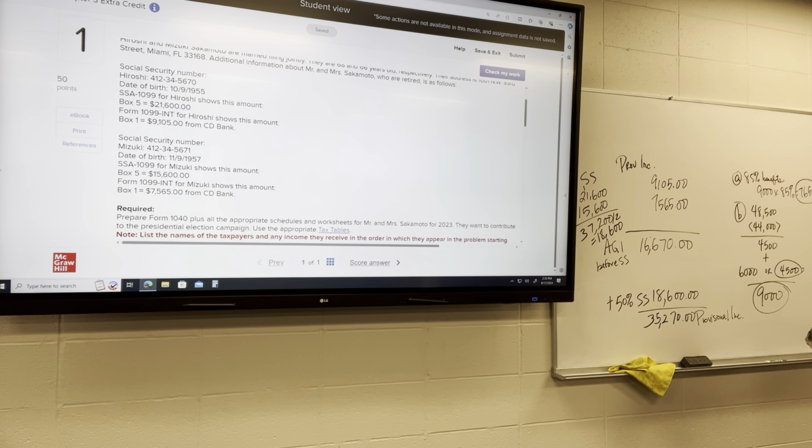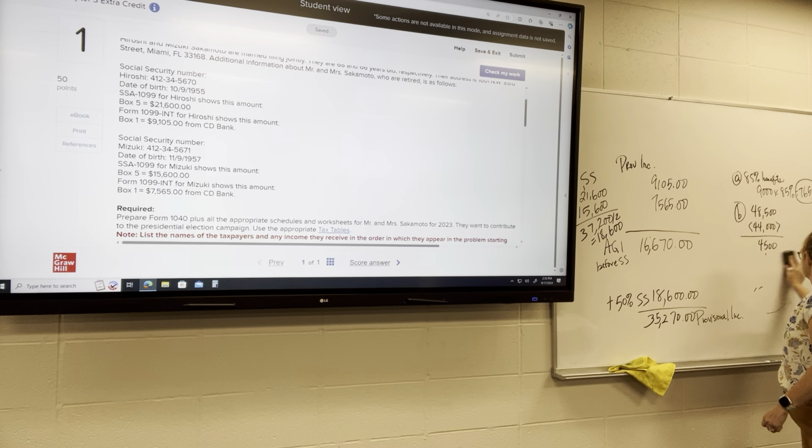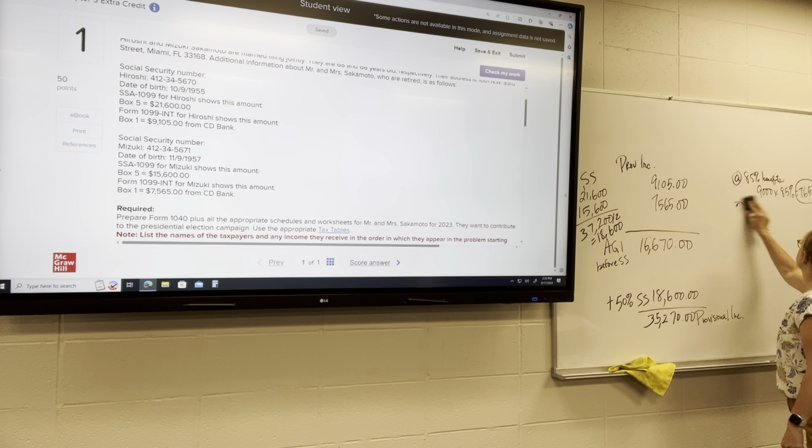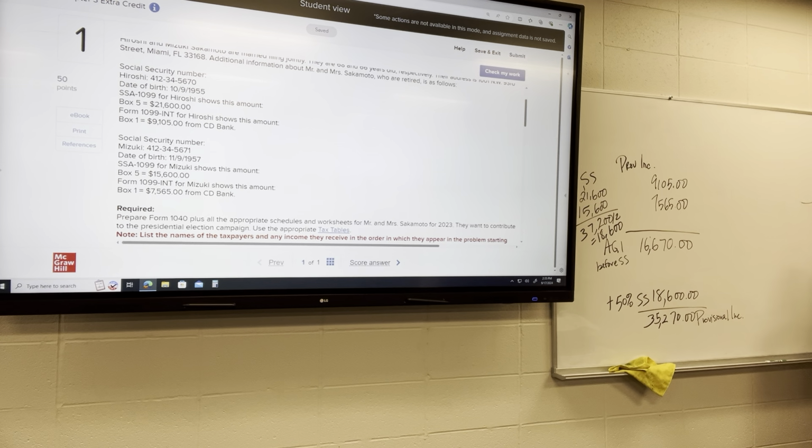They're married filing jointly, so we go back to our chart. So 35,270 is between, so you would use the instructions for between 32,000 and 44,000, the second part of the calculation. So now you gotta go over here and compare. Provisional income is 35,270, which falls between 32,000 and 44,000.